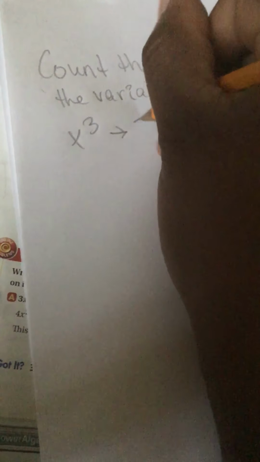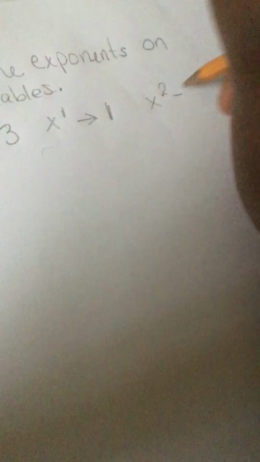Okay, so if it is x to the third power, that's 3. If it's just x, we know x has an imaginary 1 that we know it's there, so it's 1. If it's like x to the second, it would be 2.